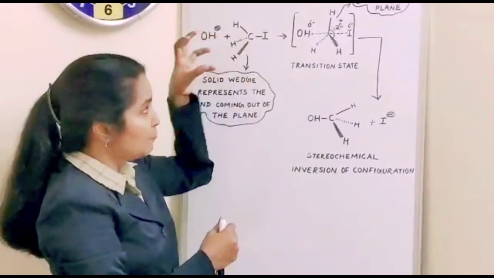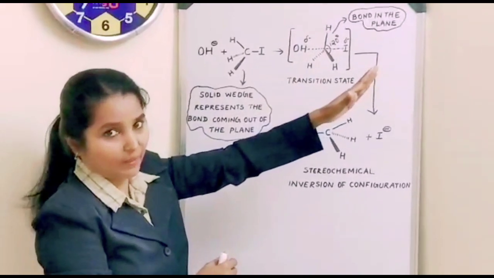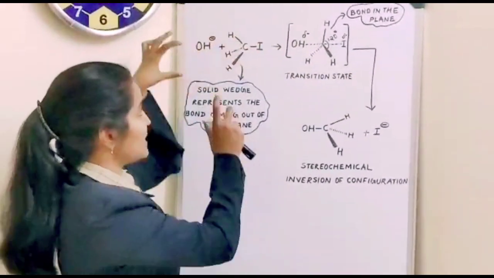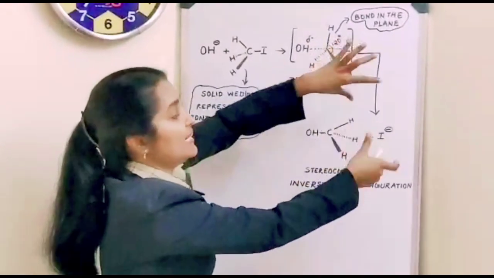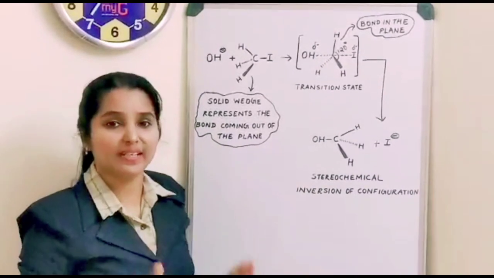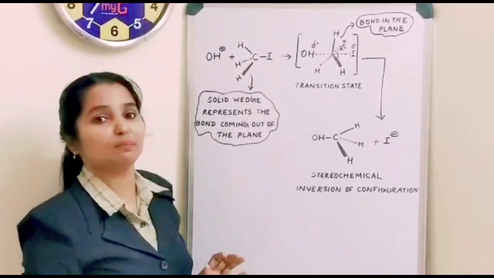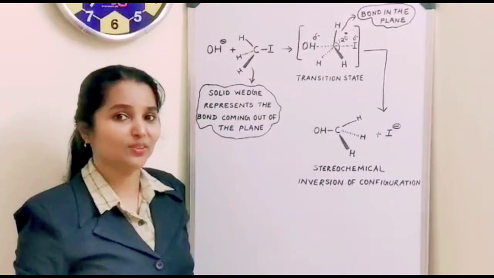Then a push from the nucleophilic side detaches the iodide ion, and the methyl iodide is changed into methanol and iodide ion. That is what is happening in the SN2 reaction, and this is the mechanism of SN2 reaction. I hope you have understood. Thank you very much.